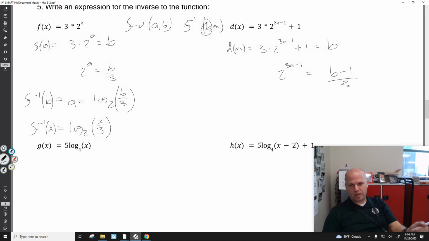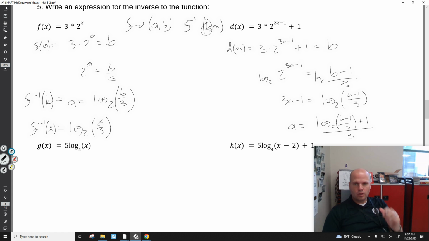I'm taking the log base 2 of both sides. I'm adding 1, dividing by 3, and I get this expression. A equals log base 2 of B minus 1 over 3, plus 1 over 3. This is your expression for D inverse of B, which will equal A.